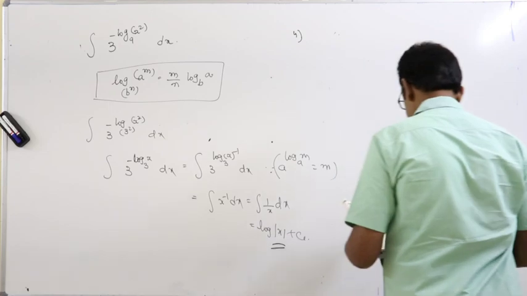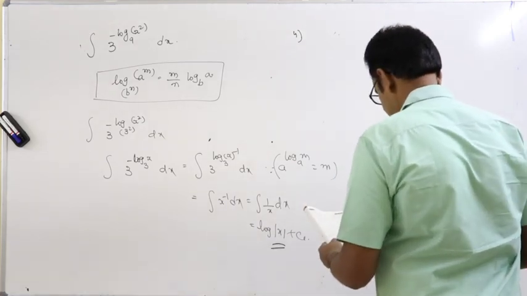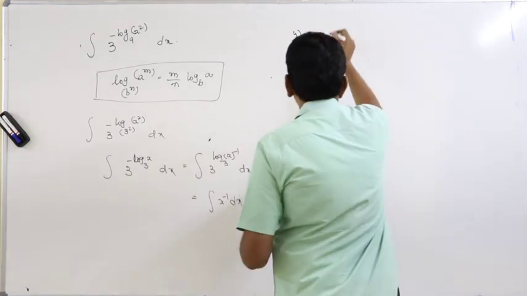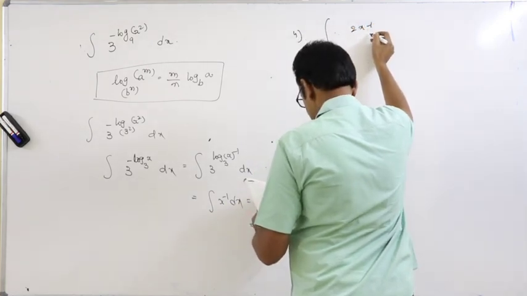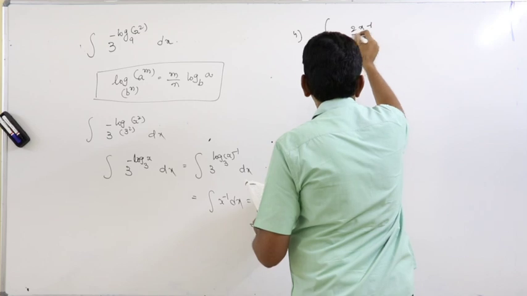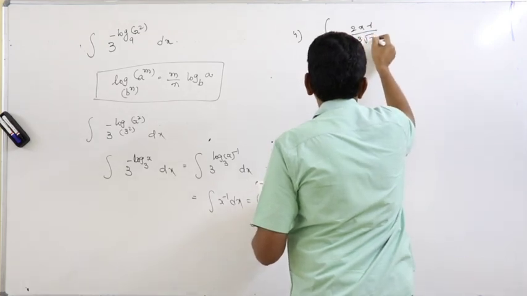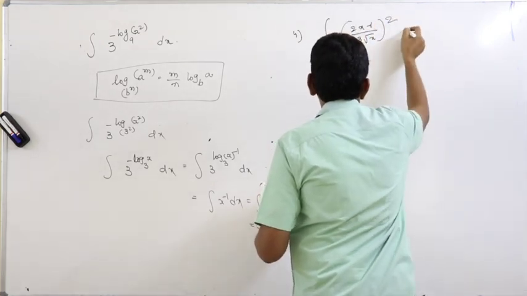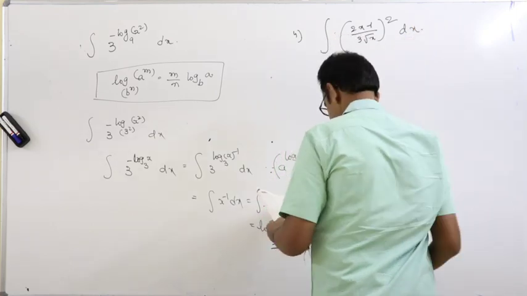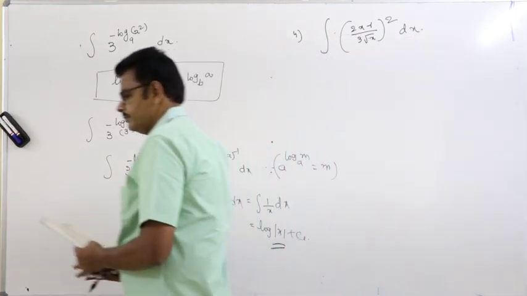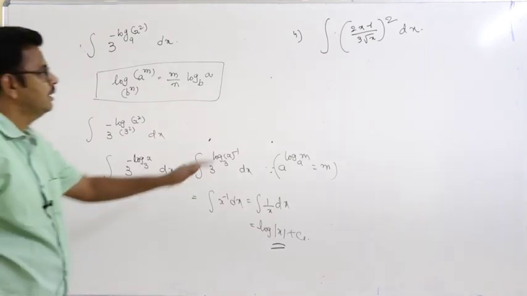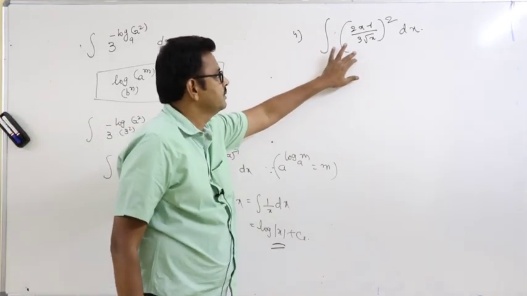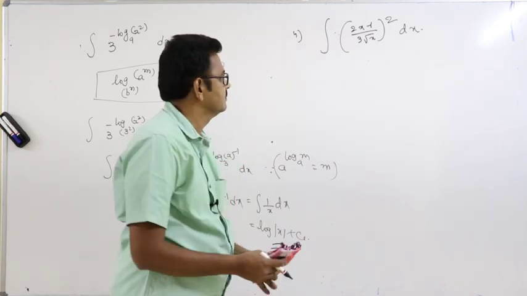Next problem. Integral 2x minus 1 by 3 root x whole square dx. These are all only general problems which use the direct formulas.